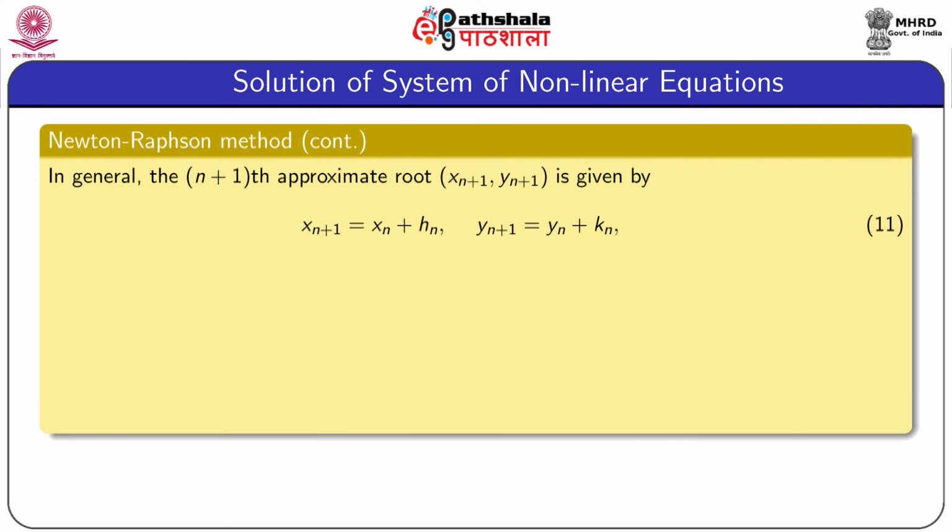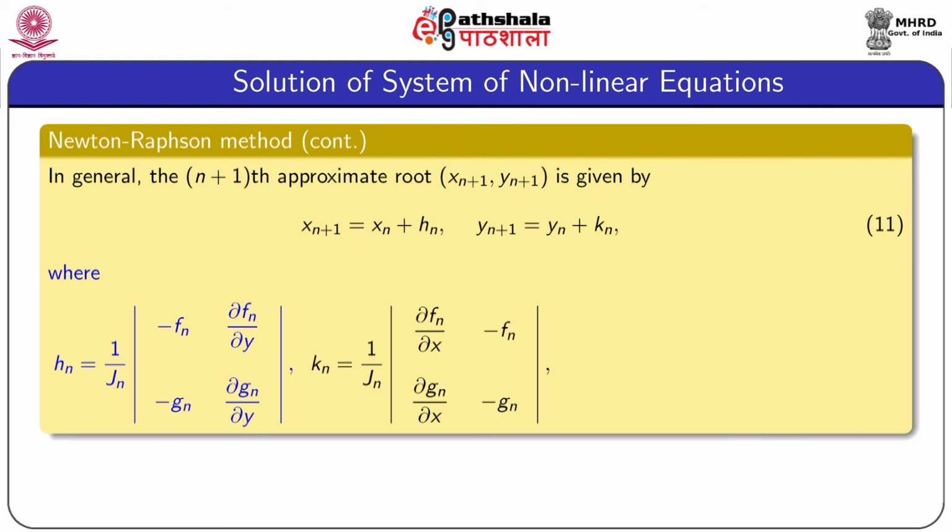In general, the (n+1)th approximate root (xn+1, yn+1) is given by xn+1 = xn + hn and yn+1 = yn + kn, where hn equals 1/Jn times a determinant of order 2 by 2 whose first column is -fn and -gn, and second column is ∂fn/∂y and ∂gn/∂y. Similarly, kn is given by this expression, and Jn is the determinant of the coefficient matrix evaluated at the point (xn,yn).